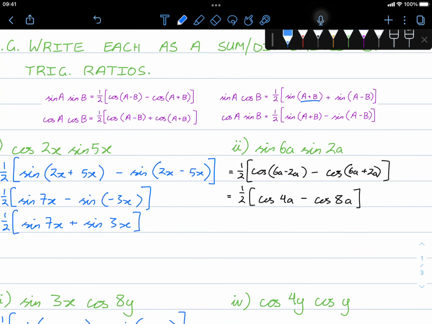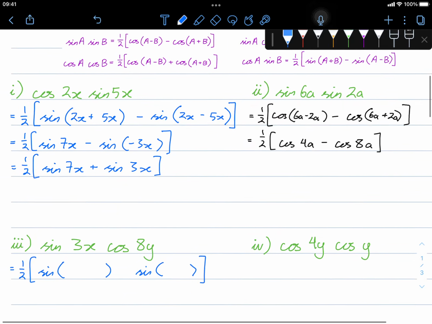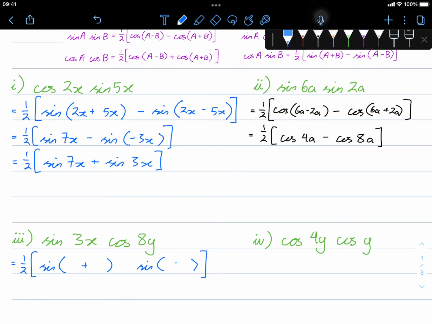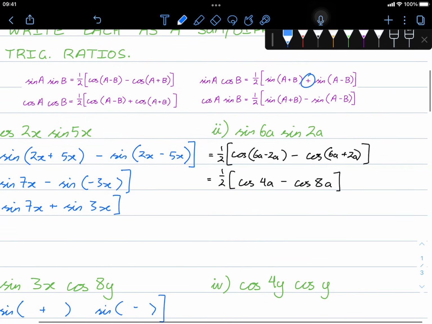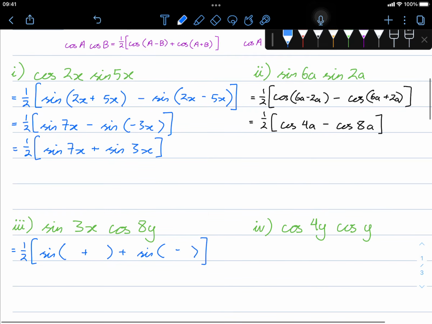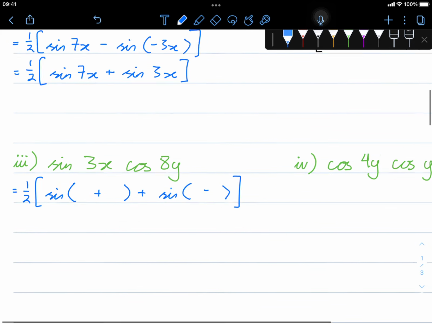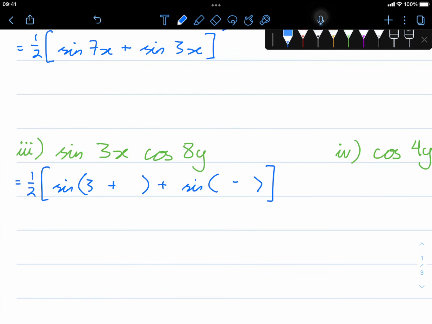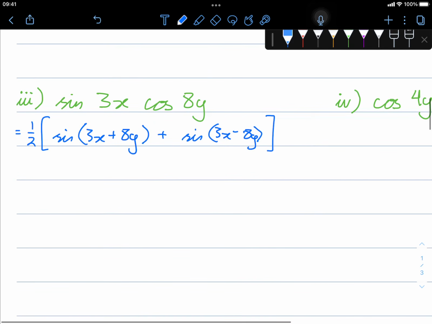It's going to be plus and then minus, so plus and then minus, and it's going to be a positive in between them. Now, instead of a and b, it's going to be 3x and 8y, 3x, 8y. And unfortunately for us, we're just going to leave it at this.